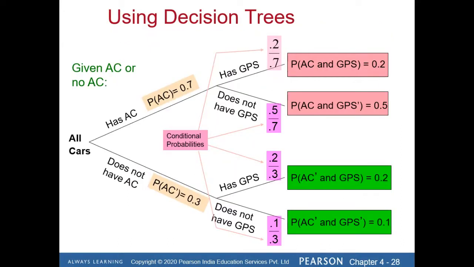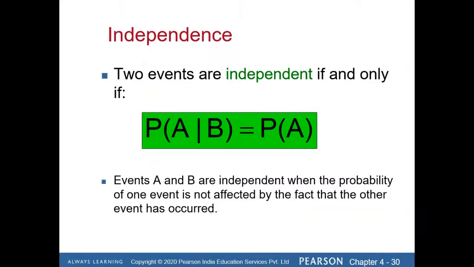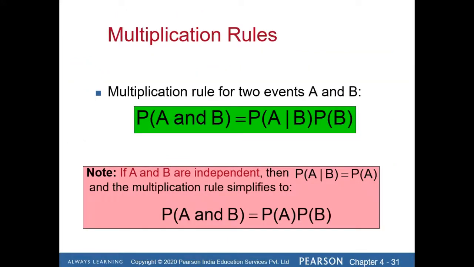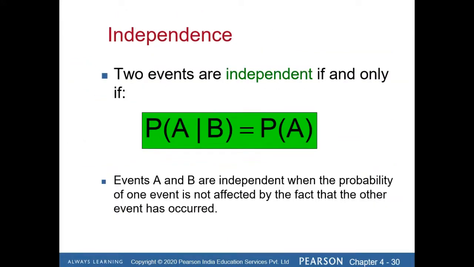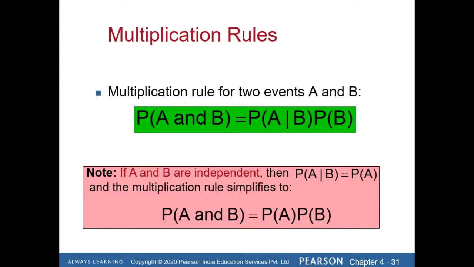So this is the way we use conditional probability in our day-to-day life. Various rules are there. As you have seen, the addition rule. We are also using the multiplication rule.